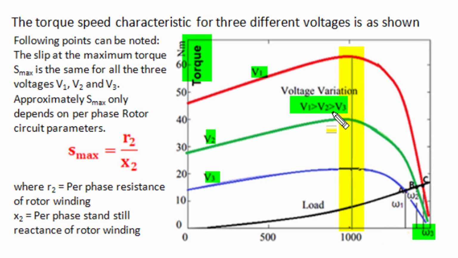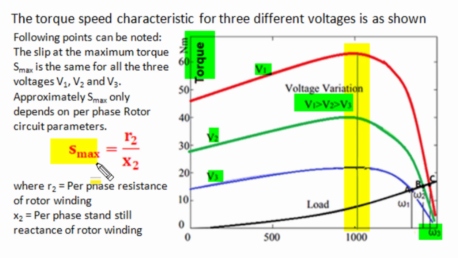We know slip of maximum torque, called S maximum, approximately depends upon per phase rotor winding resistance and standstill per phase rotor leakage reactance. As these two parameters are constant, when you change applied terminal voltage, SM will not change, and the stable operating region of torque and speed shifts when you reduce voltage from red to green, or further reduction of applied voltage will shift the characteristic to the blue characteristic region, and to obtain the same amount of torque we can reduce speed.